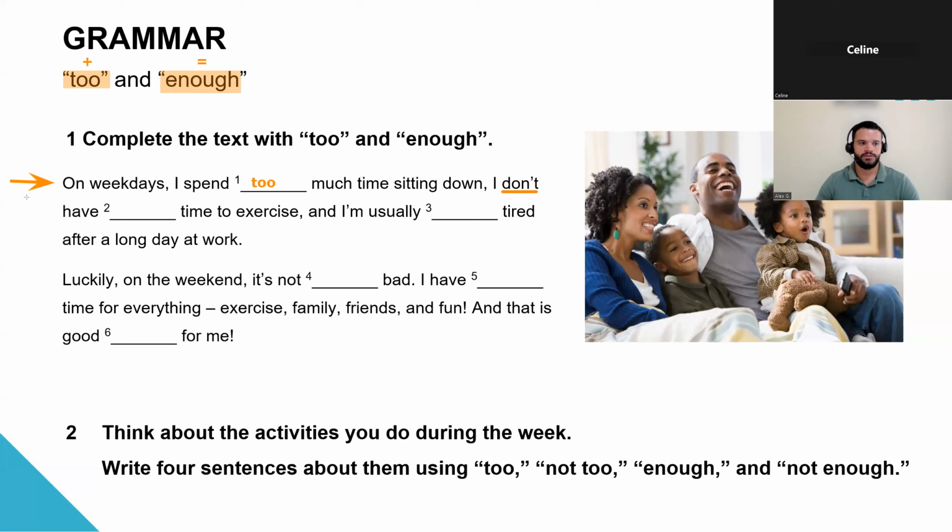So here you can say enough. So let's repeat, Celine. I don't have enough time to exercise. I don't have enough time to exercise. Very good. I'll help you with the next one.